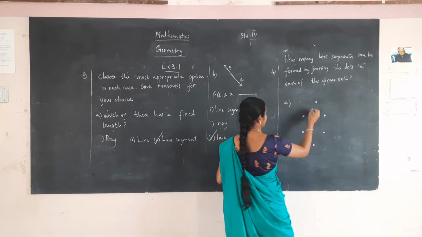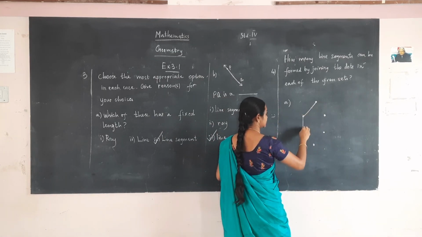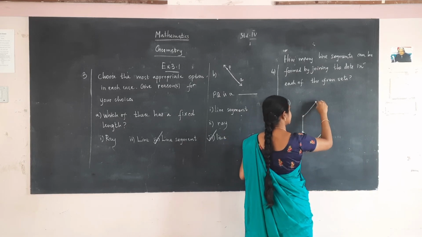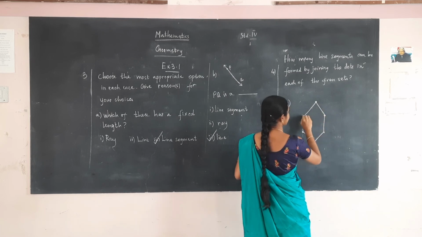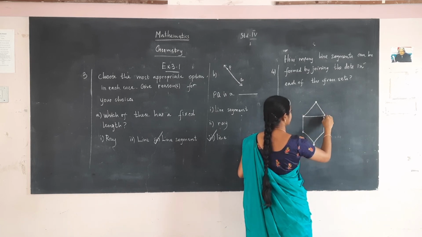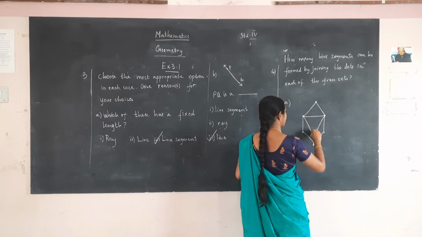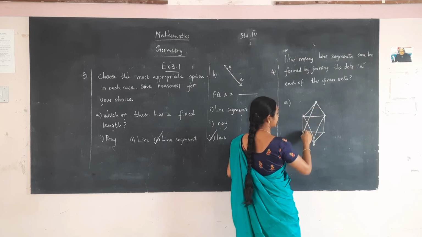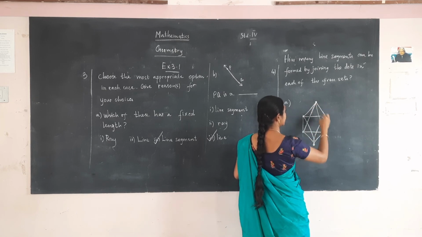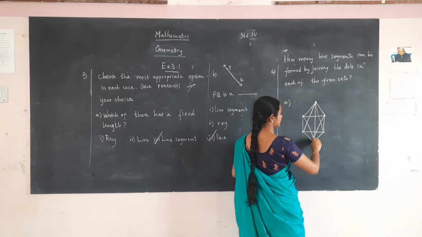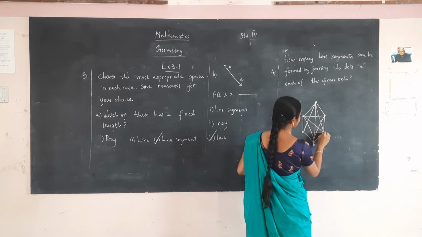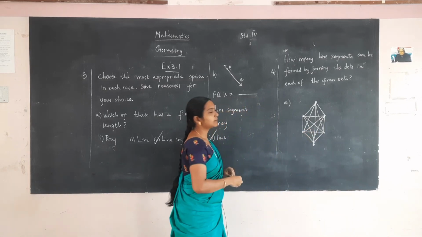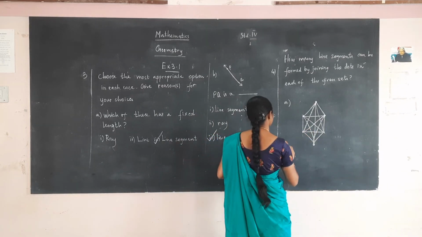So join the lines: 1, 2, 3, 4, 5, 6, 7, 8, 9, 10, 11, 12, 13, 14 and 15. So the number of line segments is 15.